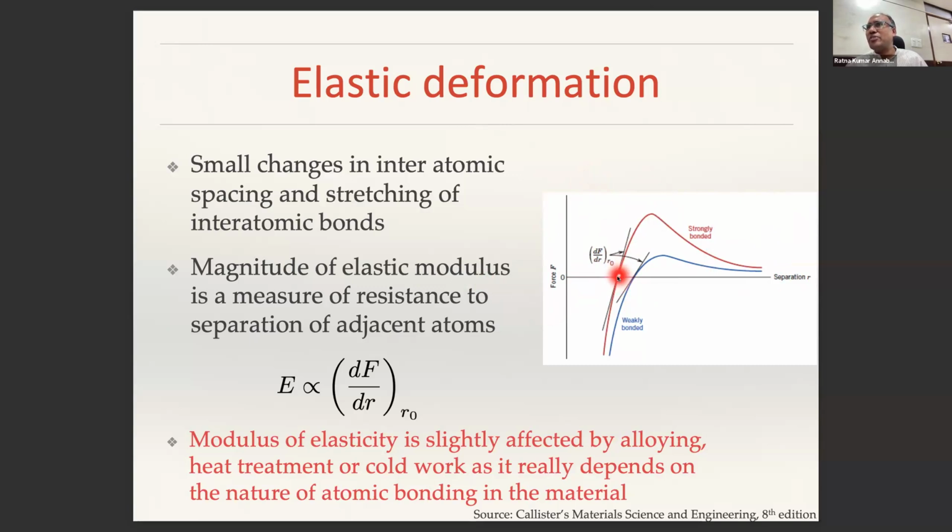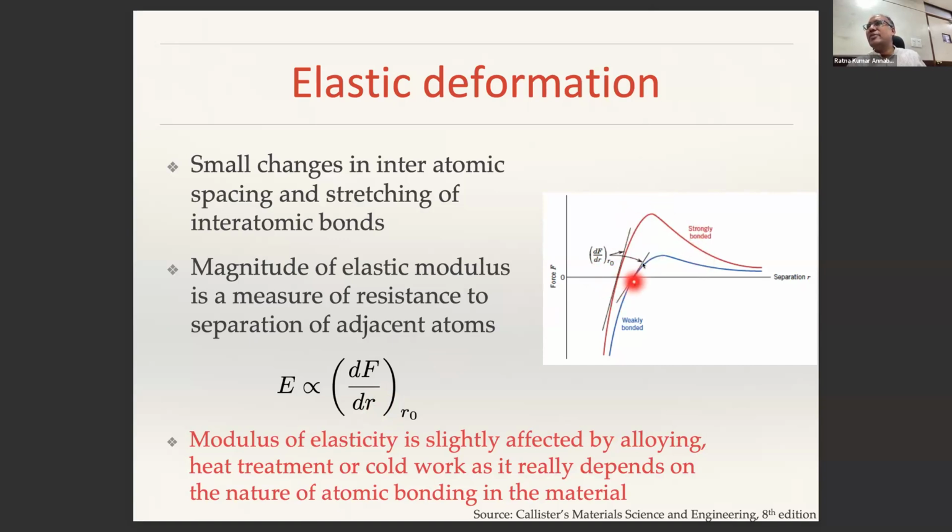This is what we call the equilibrium separation distance, at which the force will be zero. At that point, if you take the slope of this line, that represents our elastic modulus. The elastic modulus will be directly proportional to that. And you can see that for this kind of material, the elastic stiffness will be higher compared to this kind.